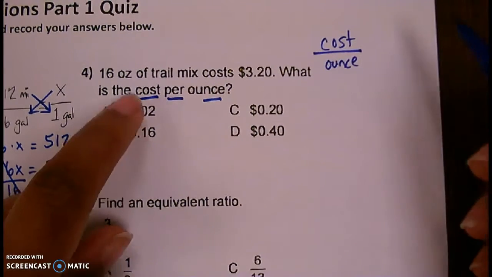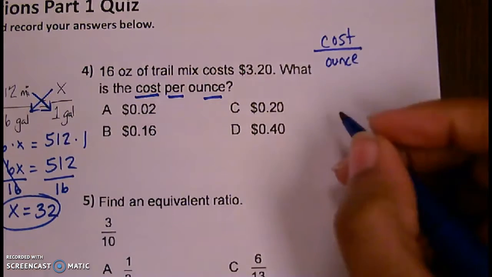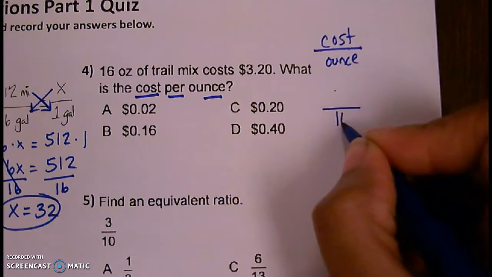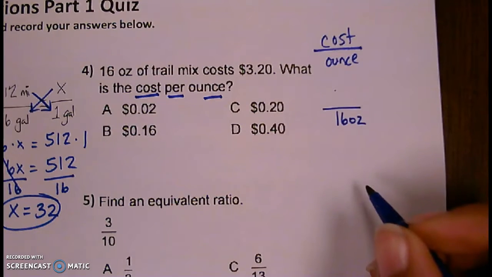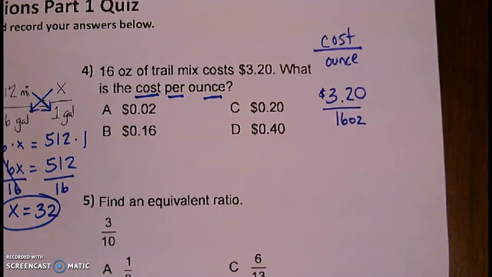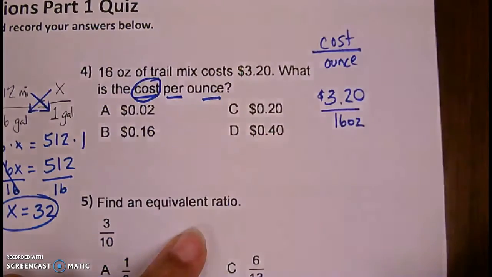Okay? I'm going to set up what I know in cost per ounce. Okay? So I know that 16 ounces of trail mix costs $3.20.